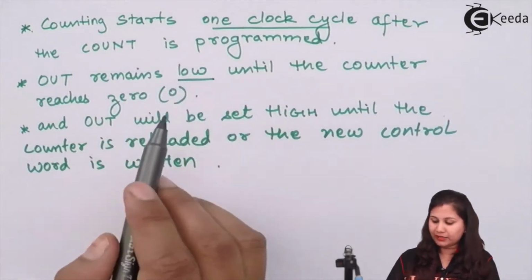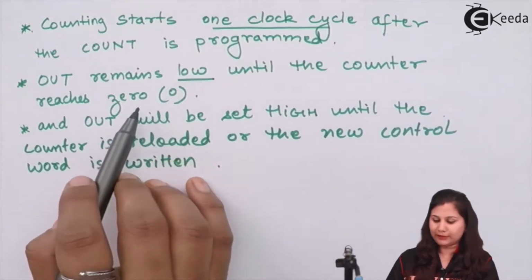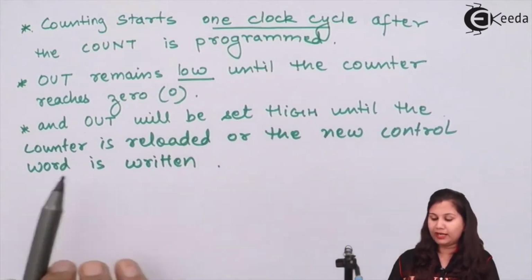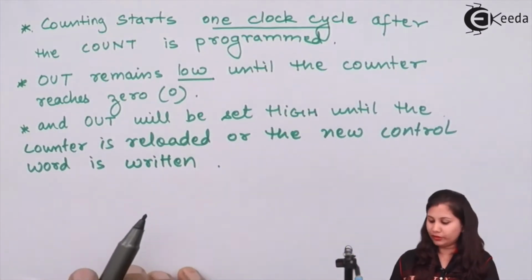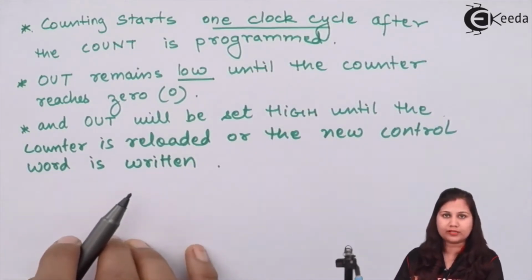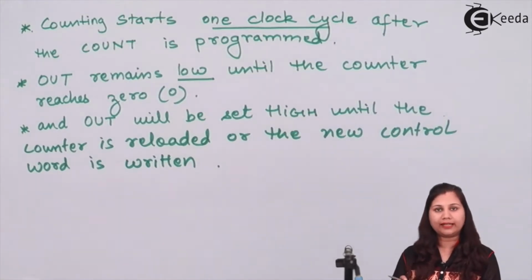And when 0 has been achieved, like terminal count has been achieved, then the out will become high, and it will be high until the counter is either reloaded or a new control word is written in the control register. So when the counting is being done, the out signal is low, otherwise it is high.